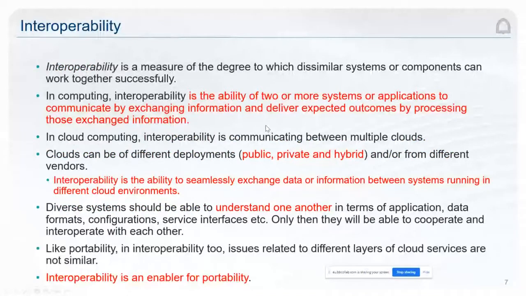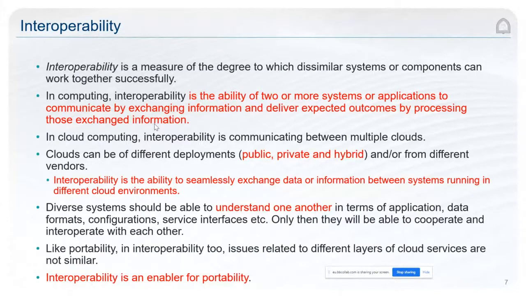Interoperability is the ability of two or more systems or applications to communicate by exchanging information and deliver expected outcomes by processing that exchanged information. So interoperability means two different entities working together in harmony.